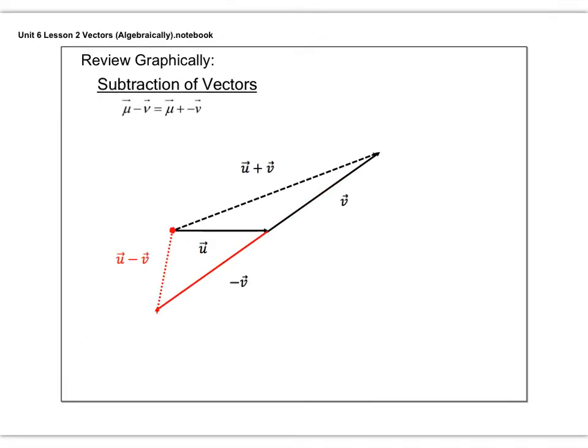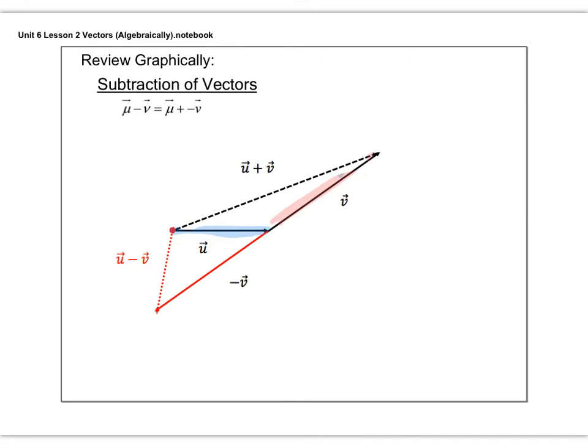Recall, you can also subtract vectors. So let's say we have vector u, which is right here, and we have vector v, which is right up here. This would be the resultant vector up top if we added them, but instead of adding them, what if we subtracted them? All right, so I'm going to erase that. What you have to do, remember, to subtract v, is flip that vector around and have it go in the opposite direction.